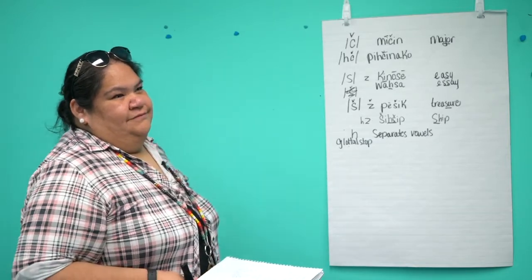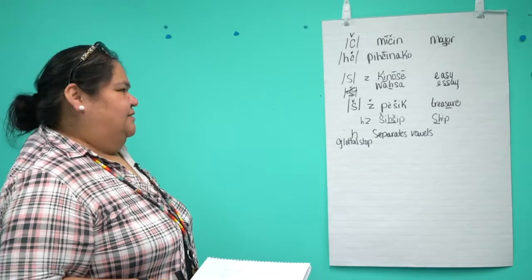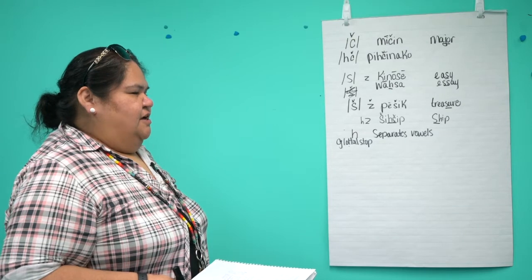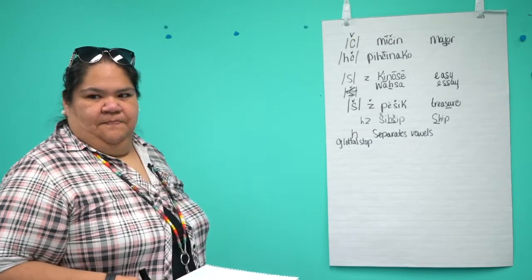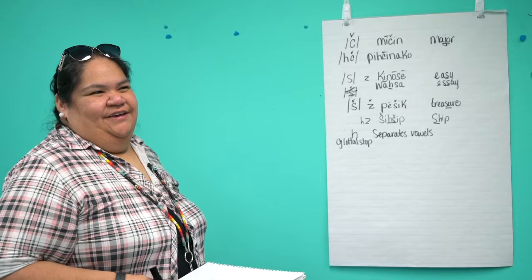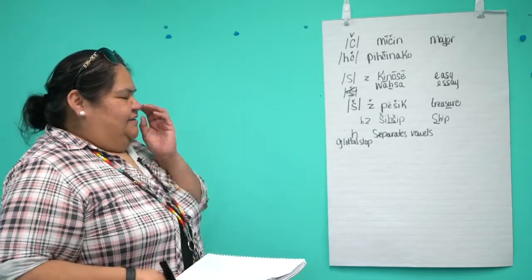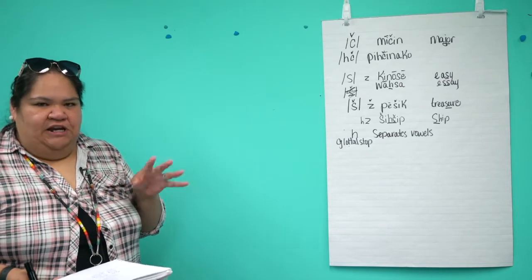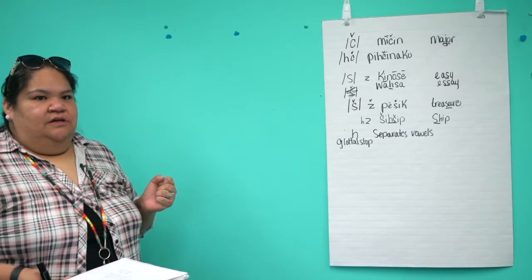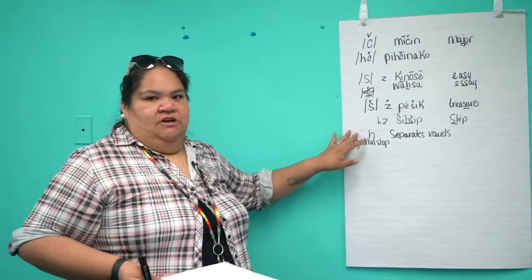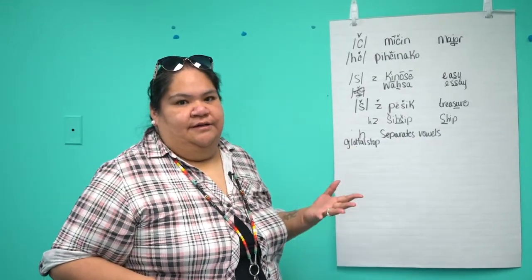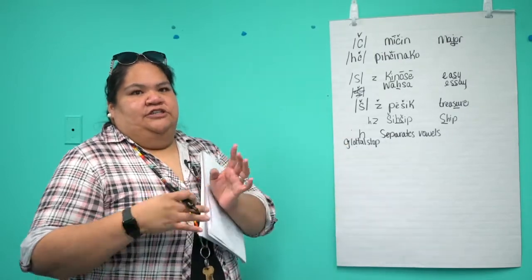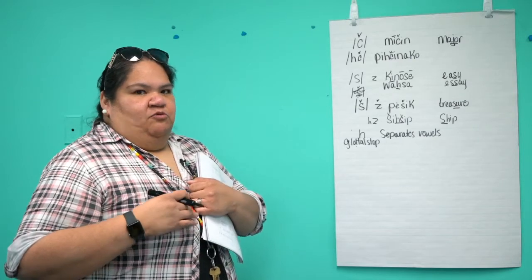Niche. But it's slang. It's not an actual word. So you'll see it's just kind of separating letters. When you see an H in our language, it's not the H sound like in English. It's there to separate vowels or to kind of stop a word abruptly.